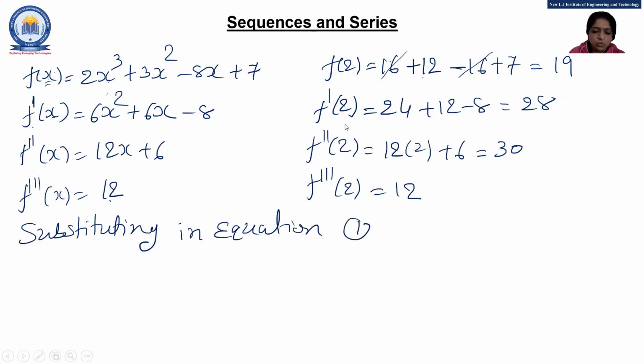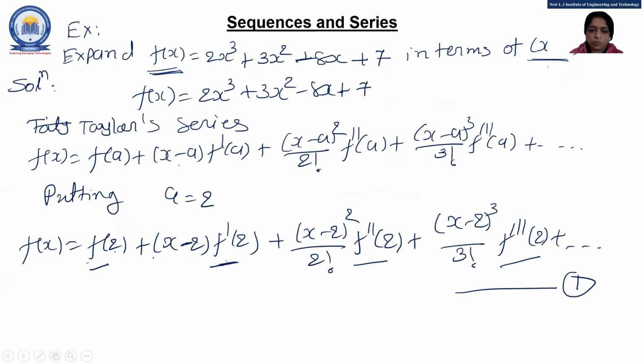Okay, so f of x, what is my first value? That is f of 2, here 19 plus, as per the formula, x minus 2 into f dash 2.